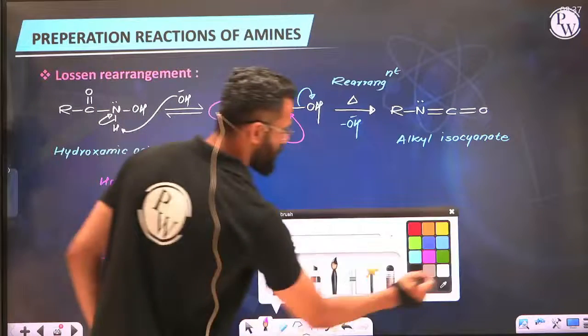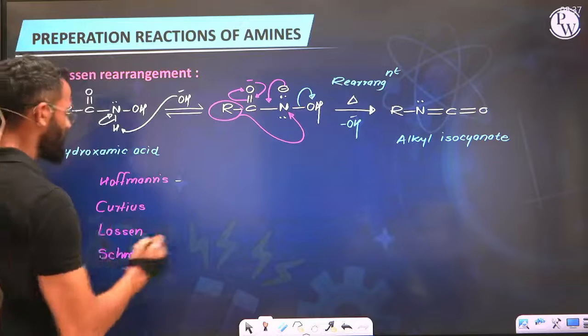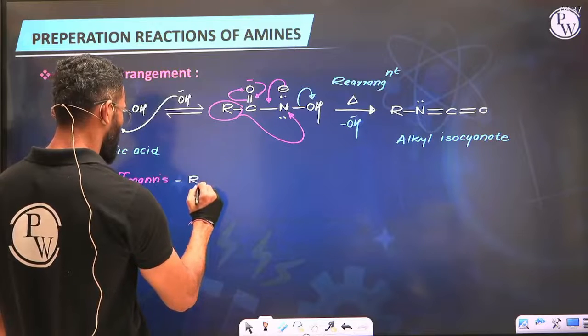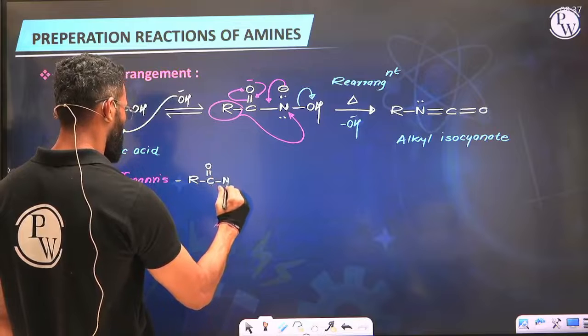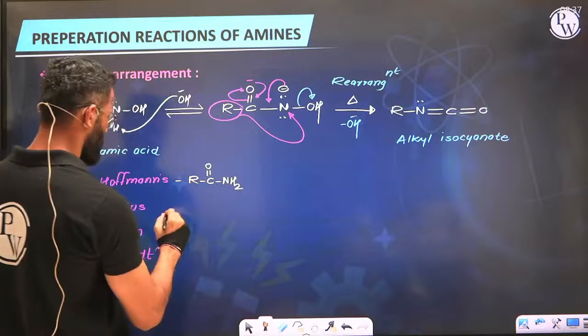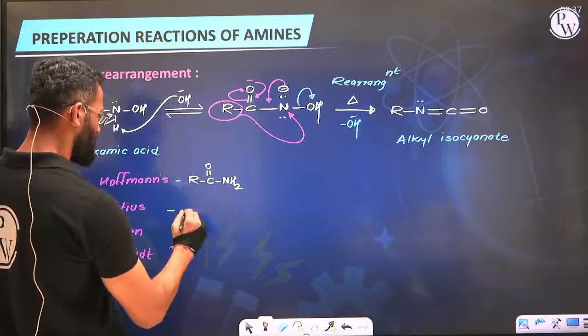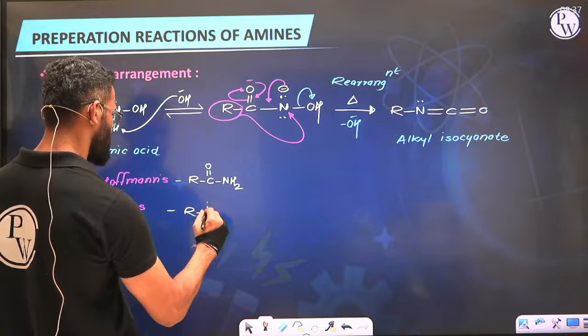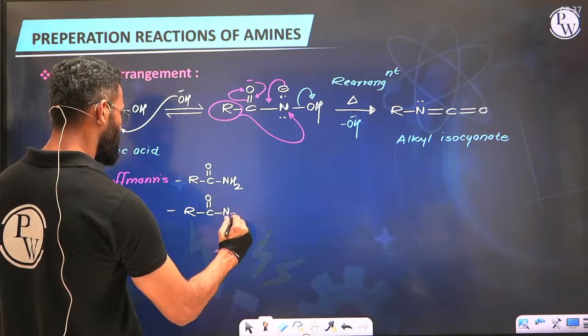Okay, now first let's talk about what reactant do we use. In Hofmann's we take amide. So in Curtius, what you'll remember, both H's will be replaced by N. So you get acylazide, RC=O N N2, meaning N3 I can write collectively.